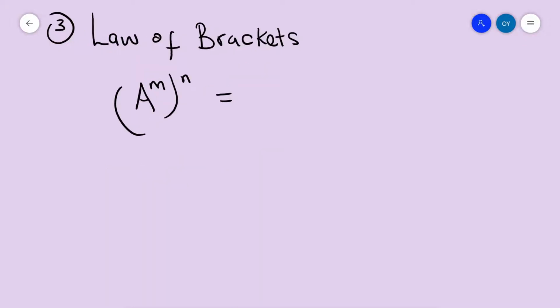The third law, law of brackets. So we have a to the power of m all to the power of n. Here, a term with a power raised to another power, what we do is to multiply the powers. So we have a to the power of m times n, which is a to the power of mn.